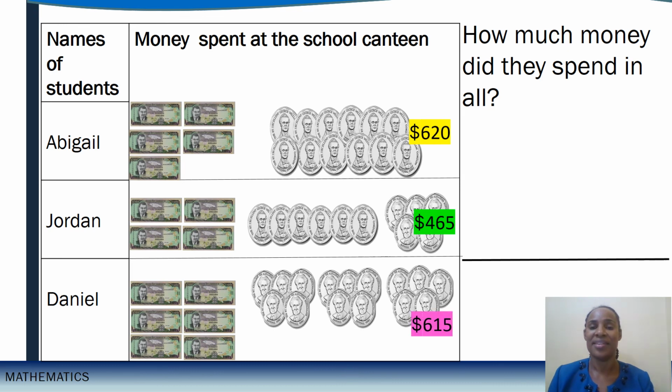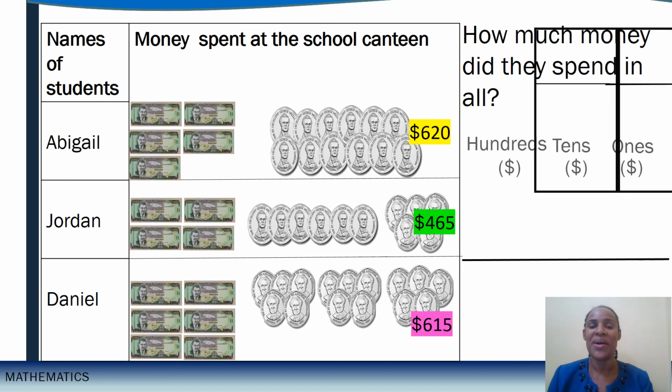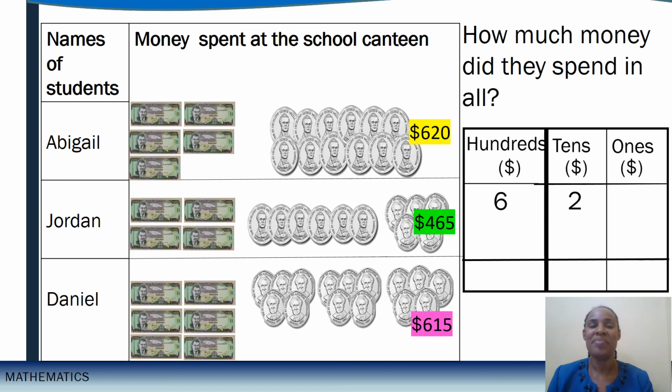There we have it. Now to add the money they spent, we will use our place value mat. Here we go. Excellent, boys and girls. 620, 465, and 615.